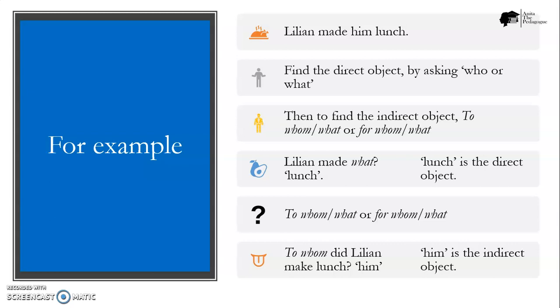Lunch is the direct object because it is receiving the action made. Now to find the indirect object, ask to whom or for whom. To whom did Lillian make lunch? Him. Him is the indirect object here because it is to him that the lunch was made.